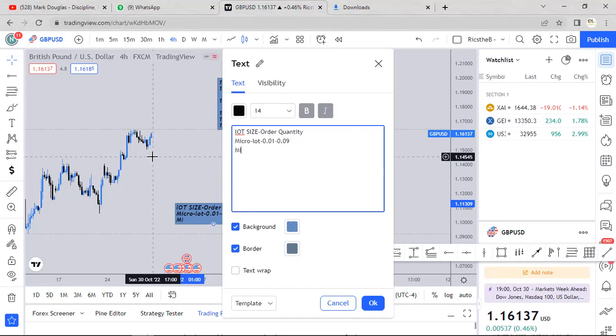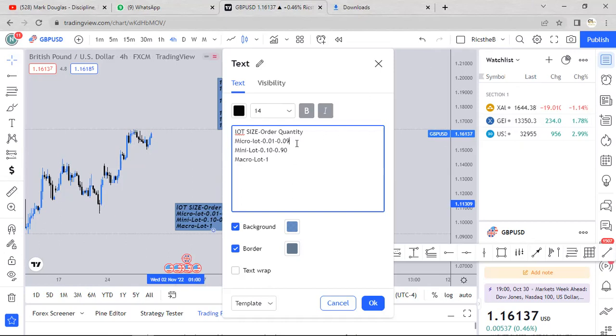Then we have a mini lot. A mini lot begins from 0.10 and runs all the way to 0.90. Then finally we have a macro lot, and I believe it begins from 1 all the way to infinity.